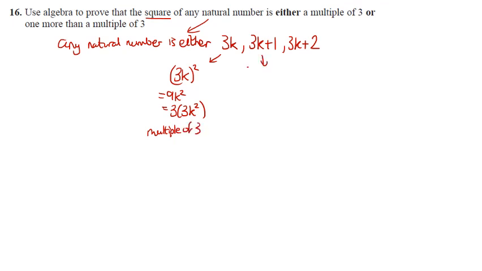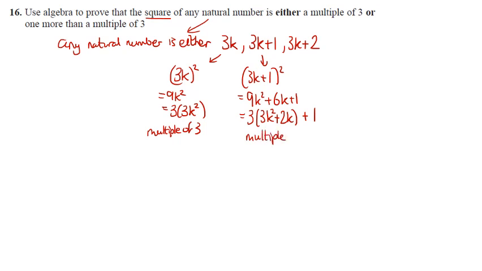If we get 3k plus 1 squared, then if we multiply that out, we get 9k squared plus 6k plus 1, which we can write, if we factorize the first two terms, like that. So we can see this is a multiple of 3 plus 1. There's your multiple of 3 times some number.